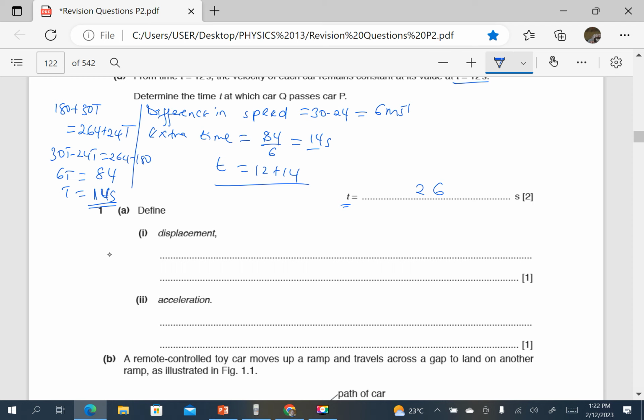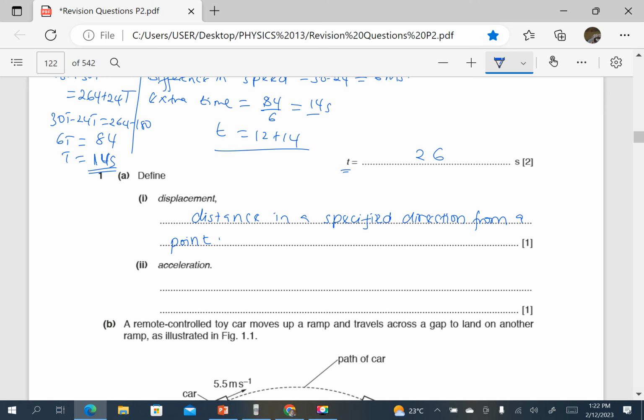Define displacement. Displacement is actually distance in a specified direction from a point.